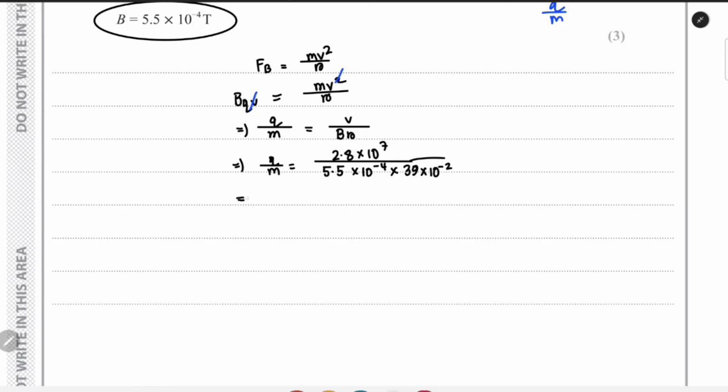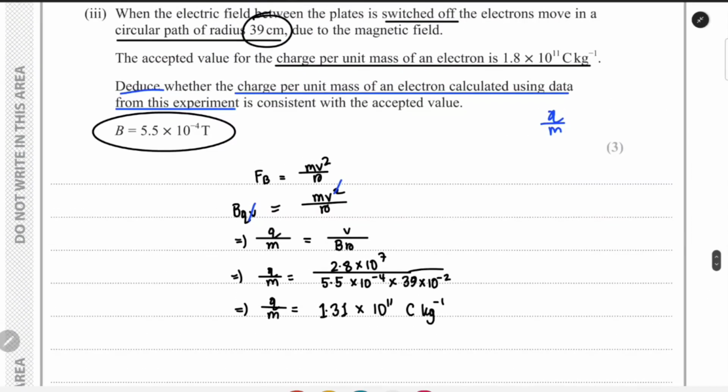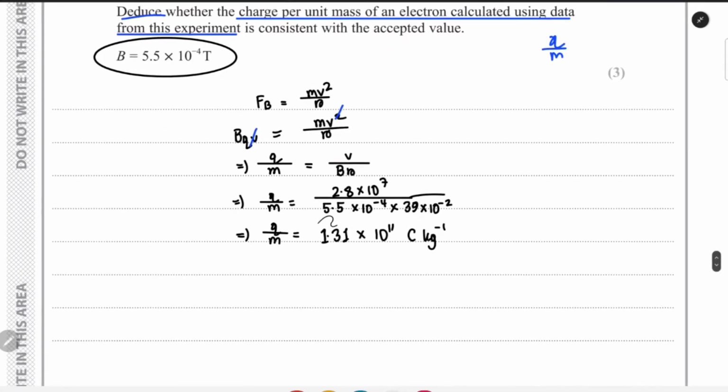The value of Q by M comes out to be 1.305, so 1.31 times 10 to the power 11 coulomb per kg. The accepted value is 1.8 times 10 to the power 11, while this is 1.31 times 10 to the power 11. This is much less than the accepted value.